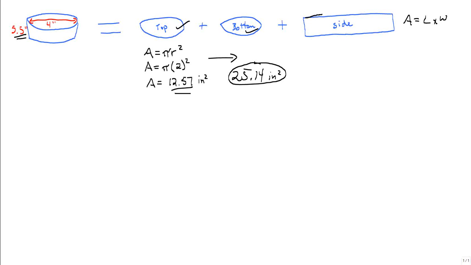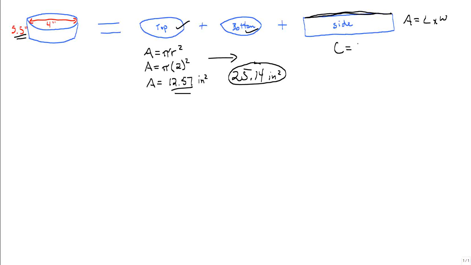This is actually the top of the tin, just spread out. So if you were to cut the tin apart and squash it out flat, this would be the top right here. So what we need to do is find the circumference of the top or the bottom to get the length of the side.